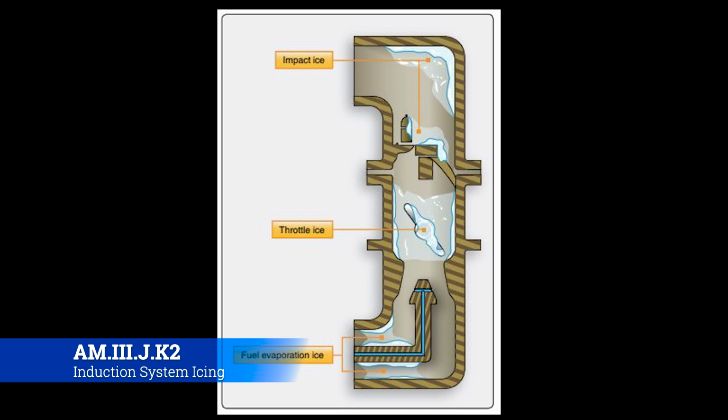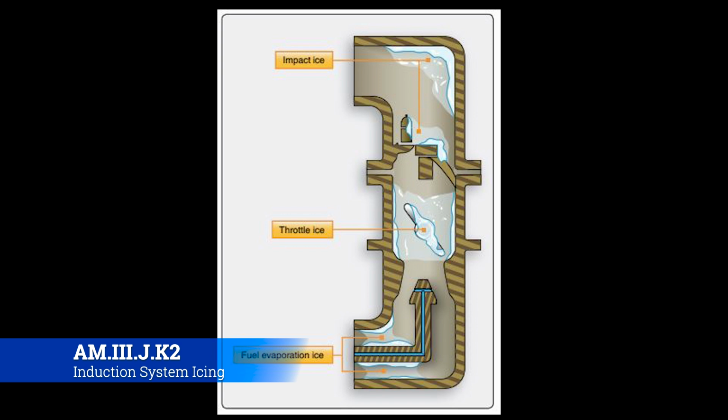Now the next one is throttle ice, and that's where the throttle plate is especially susceptible whenever it's not fully open or fully closed, but has that angle that constricts the space. The reason being, back to our gas laws, right? As that space constricts, pressure is going to decrease, as well as temperature, because the velocity is going to increase.